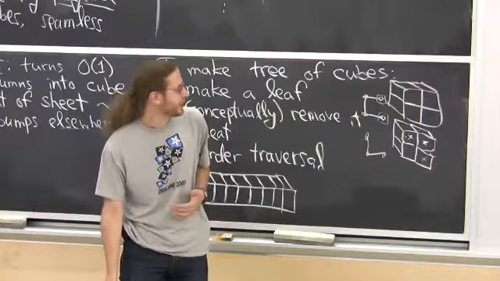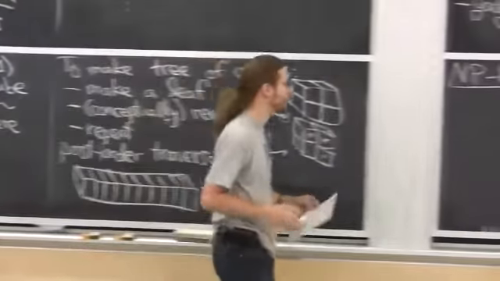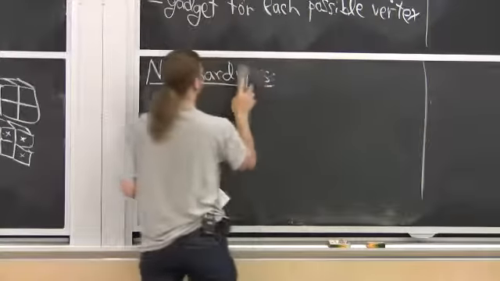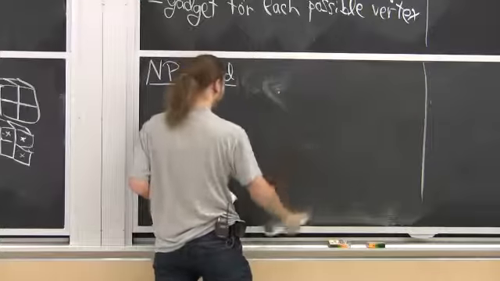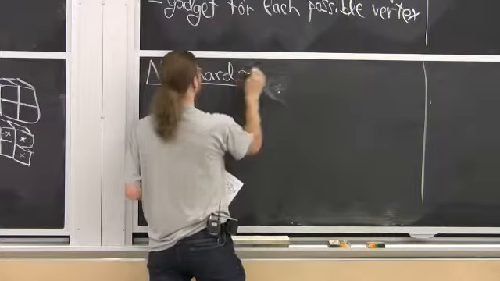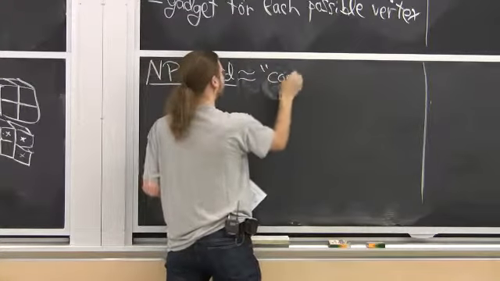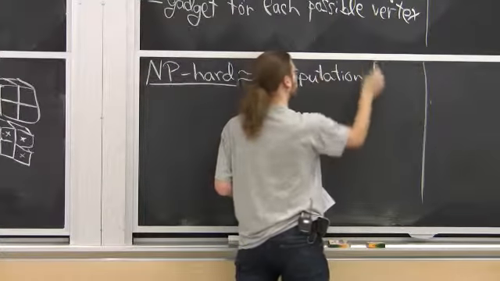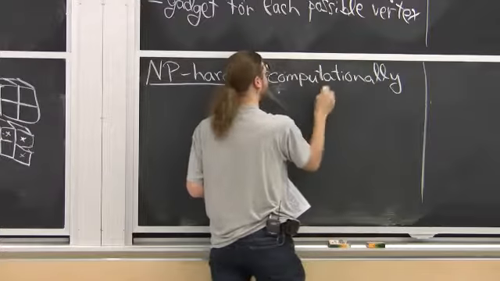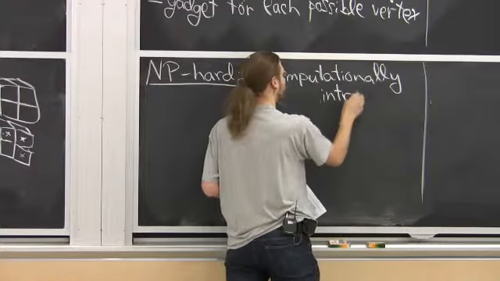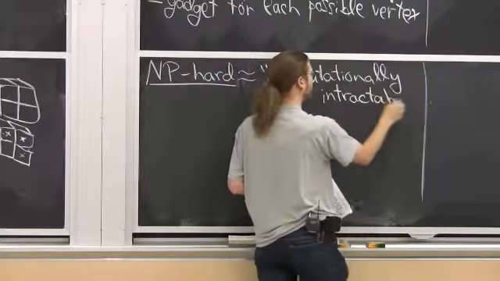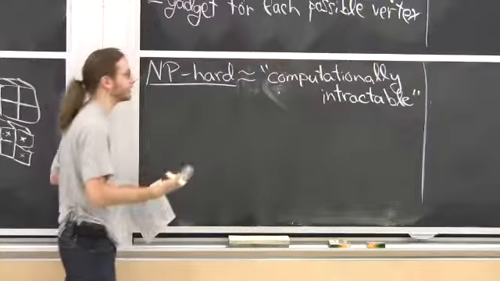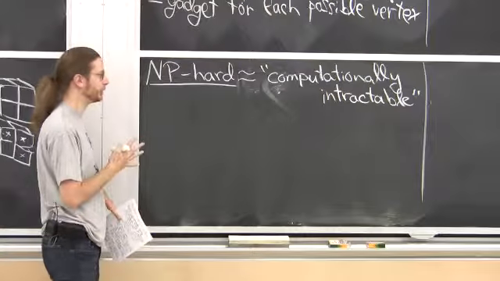And NP hardness, I don't want to formally define it because it's a little bit technical, but there are lots of working definitions that are super easy to tell you. So the informal version is that NP-hard problems are computationally intractable problems, meaning there's no tractable way, no efficient way to solve it on a computer.